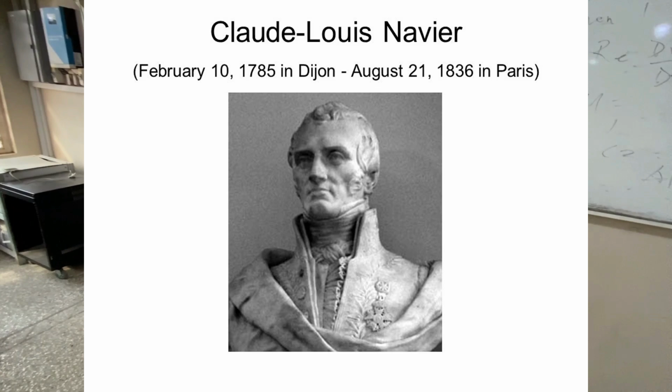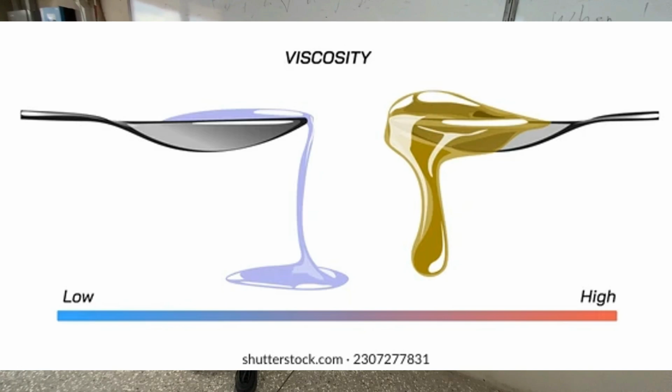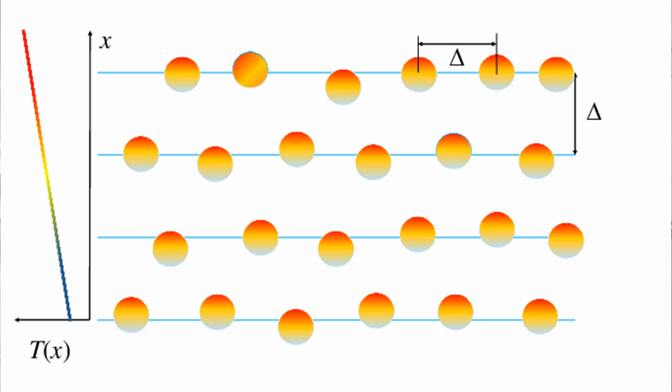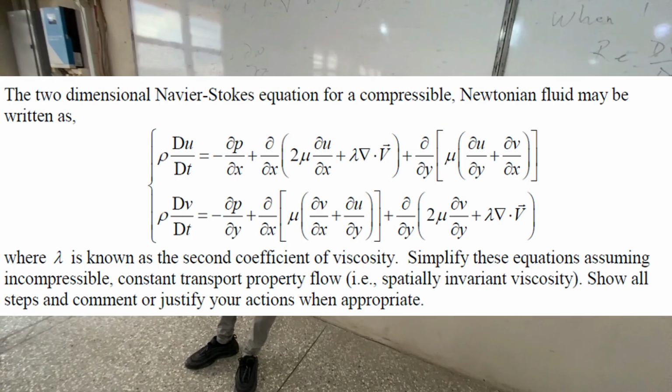In the 19th century, Claude-Louis Navier introduced viscosity into the equation to address the difficult problems he had with viscous fluids. Solutions were formulated for two-dimensional fluid situations, but they couldn't use this to solve for three-dimensional problems.